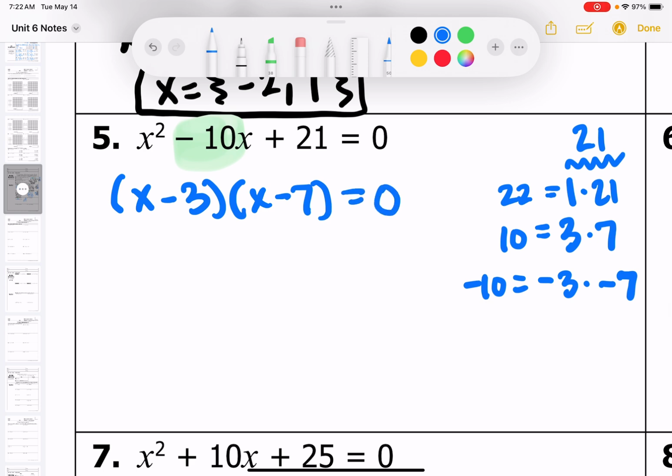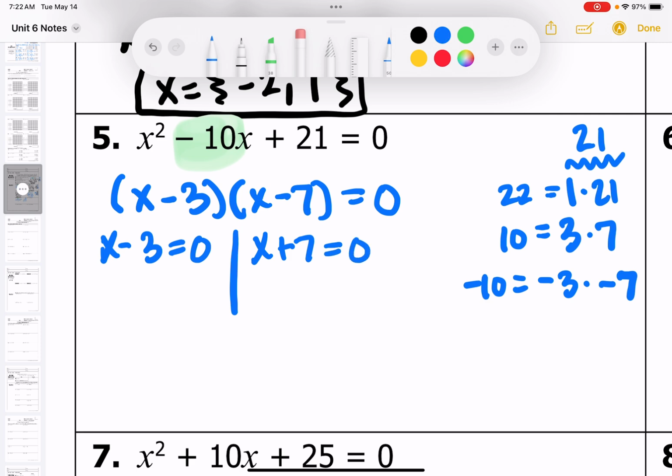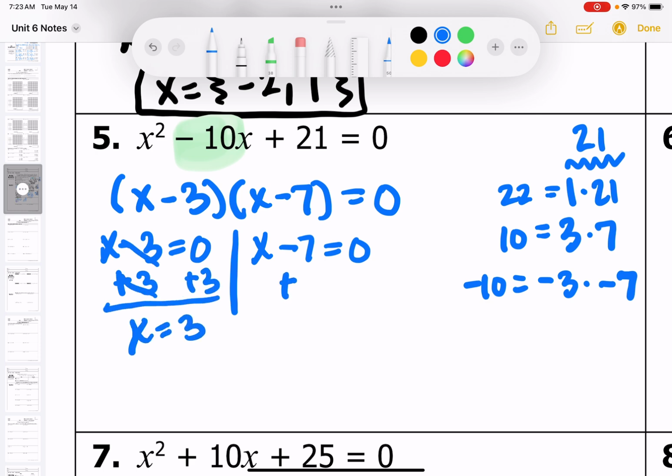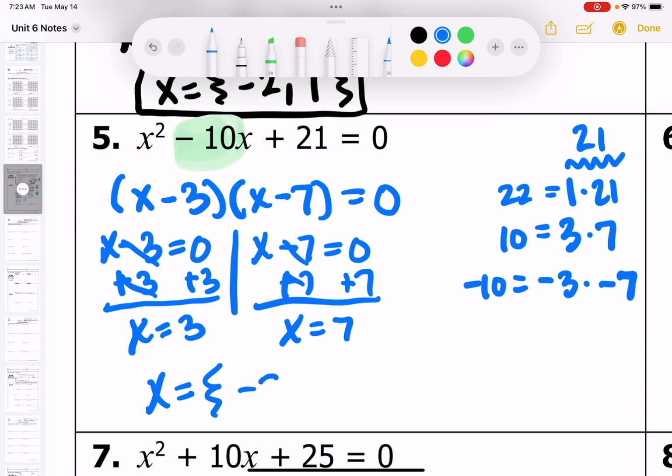Okay, so then I break it apart. And I solve for x. So I'm going to add 3, plus 7, plus 7. So our answers will be 3 and 7.